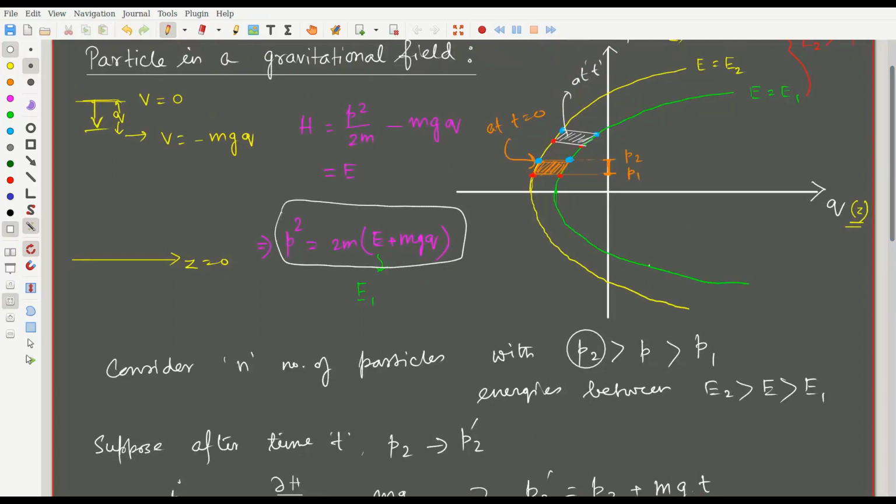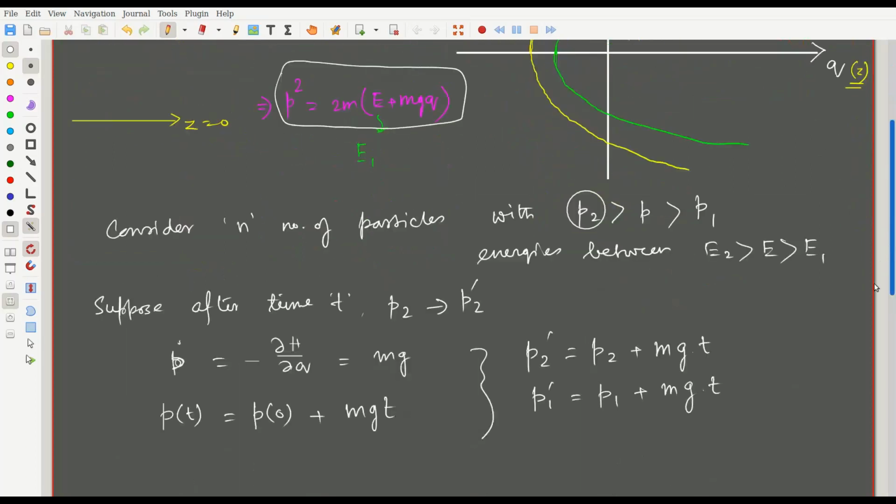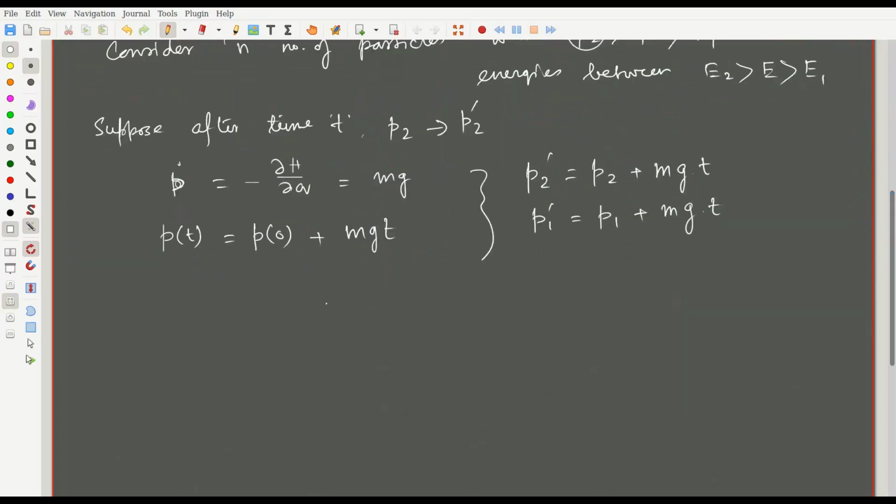So q as a function of p would be given by, let me check, 1 by mg into e minus p square over twice m.